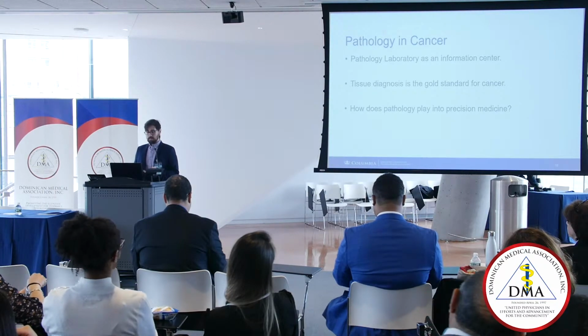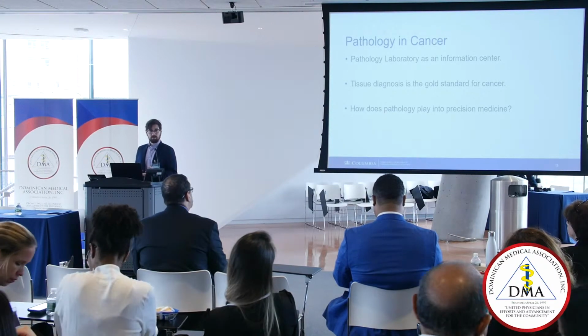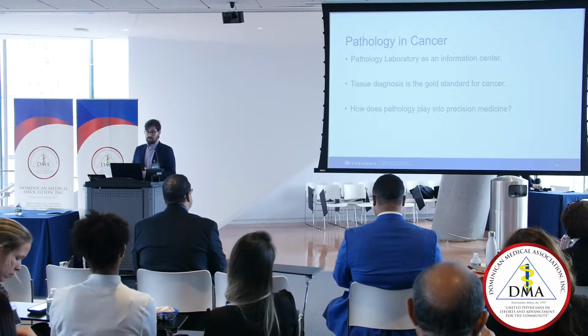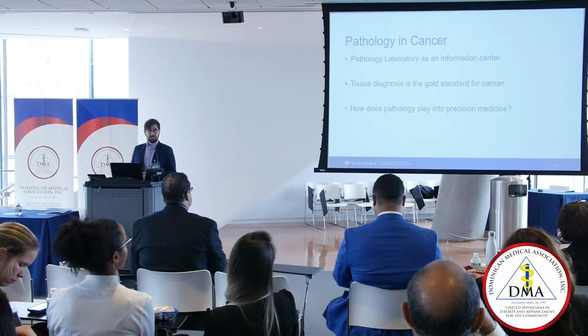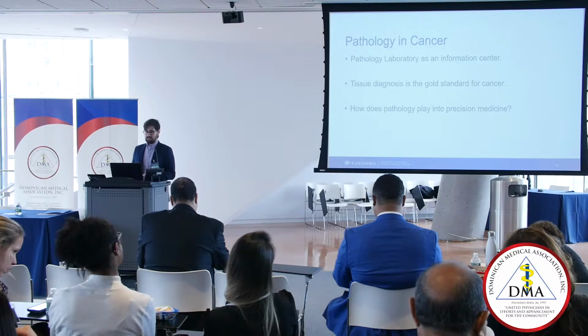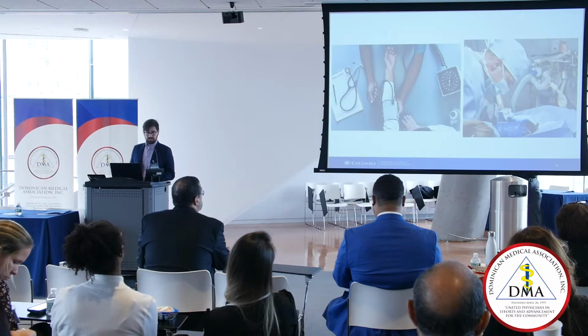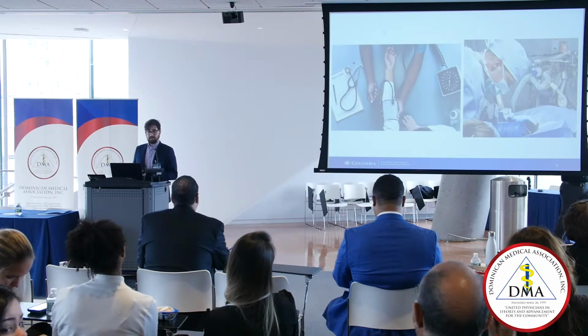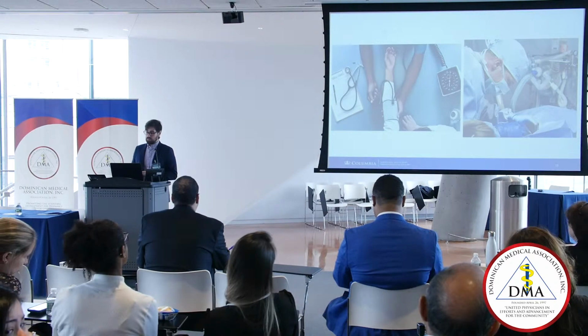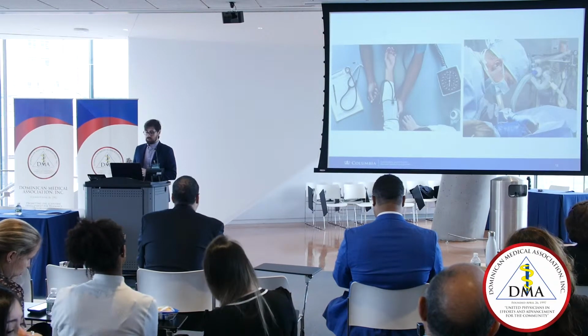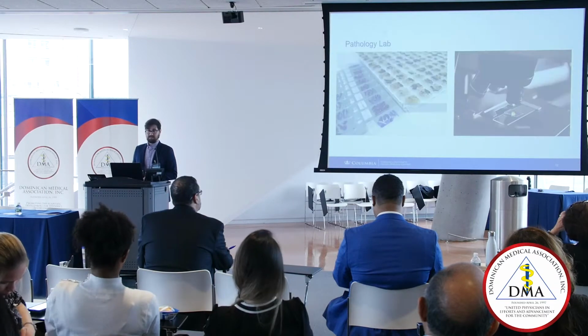And what does pathology do in this sort of precision medicine that we're trying to achieve? Well, pathology basically is the lab. It's that report, those results. So in the typical setting, a patient will go to their doctor and perhaps be diagnosed. They will be referred to the surgeon or to whoever will take a biopsy, and that'll be sent to pathology.